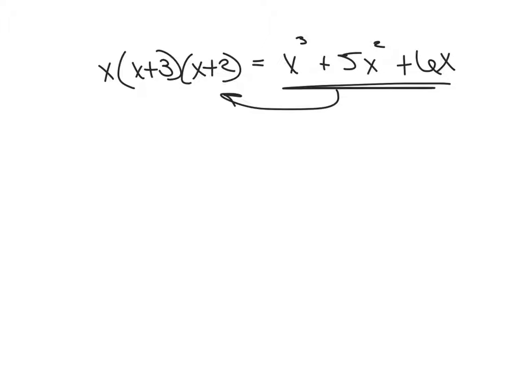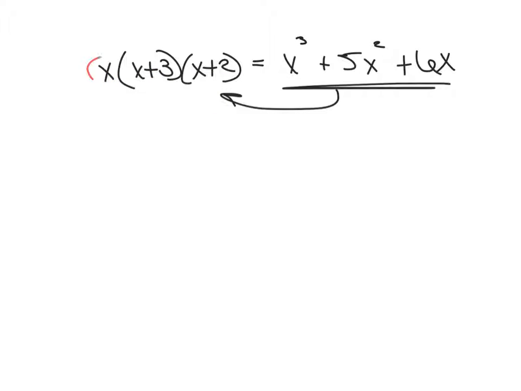Alright, so let me explain something about these. The number of x's in your factored answer will always be this number, which means you will have this many answers when you solve for x. Now remember, when you factor, you're trying to figure out what's going to make each one of these three factors 0.